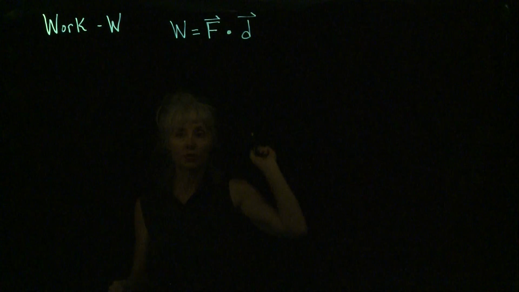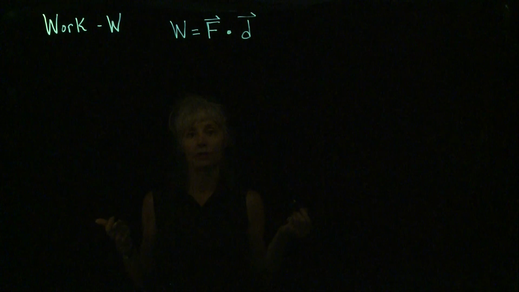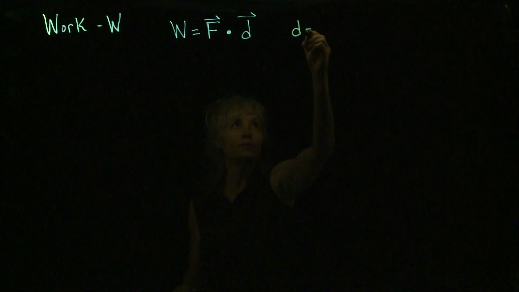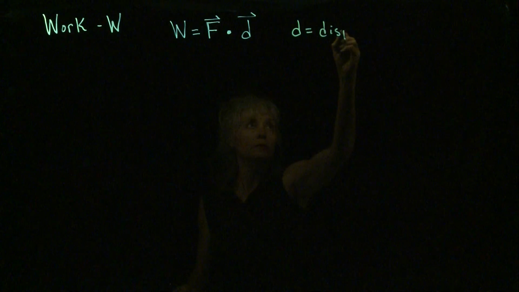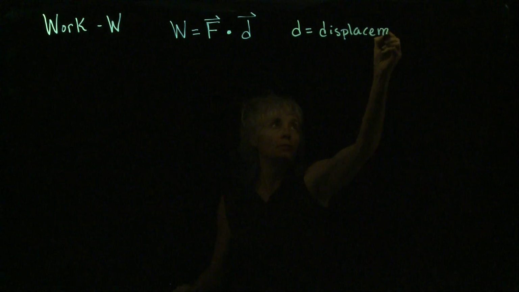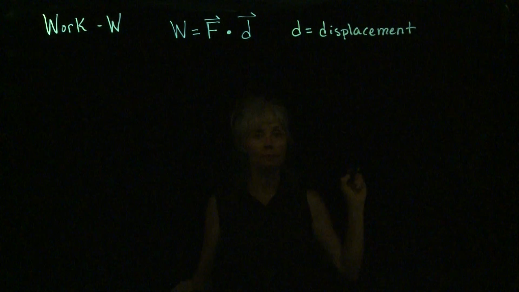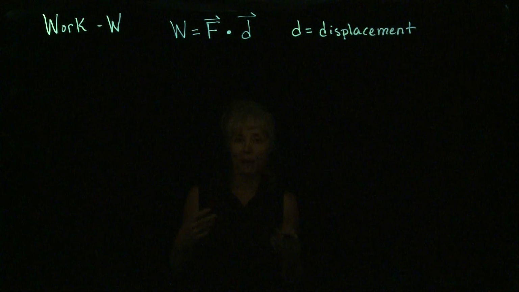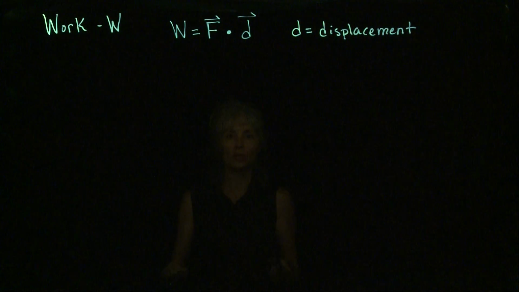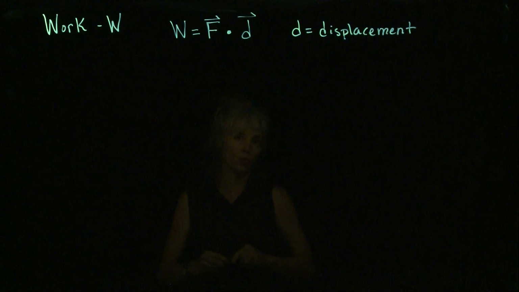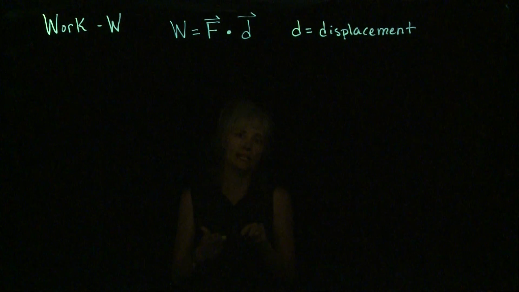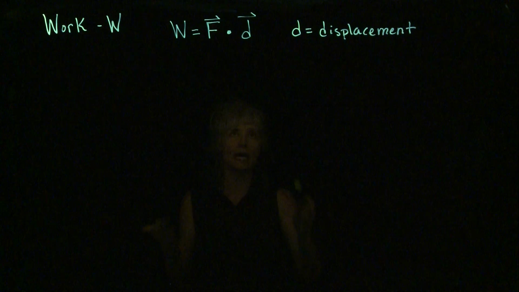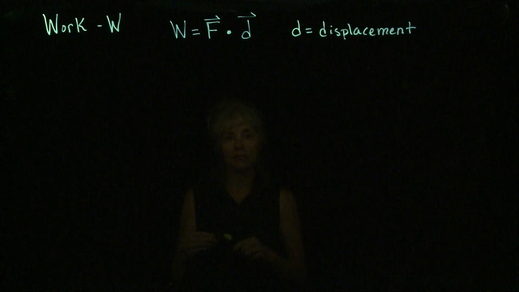So force is what we're used to seeing, F. Displacement, D. Earlier it got the symbol delta X in one dimension, so we changed the symbol here. My apologies, it's traditional that we do this when we start introducing work, and you'll see just about every text change the symbol for displacement from delta X to D. So D is our displacement.